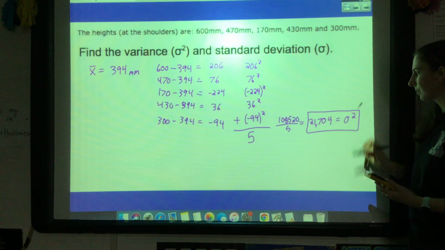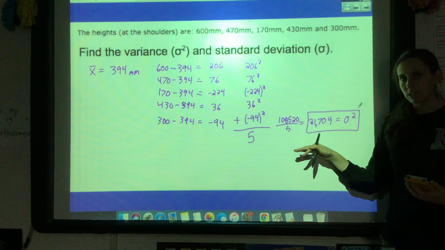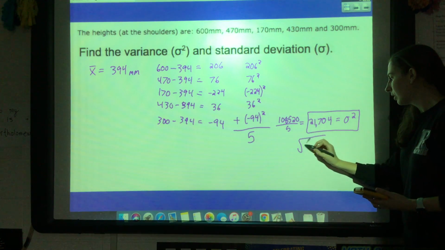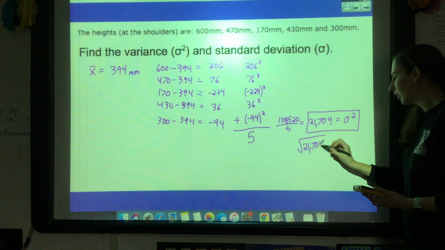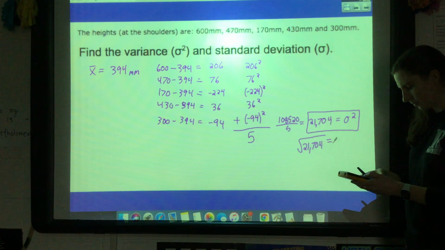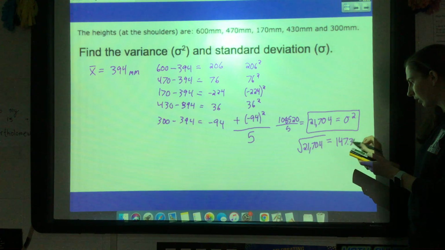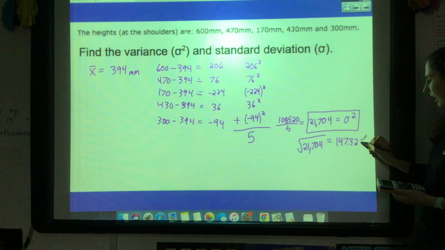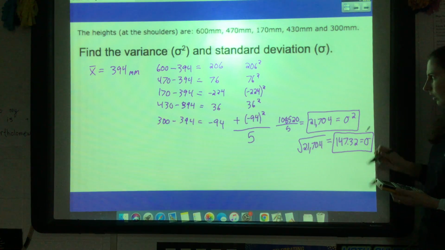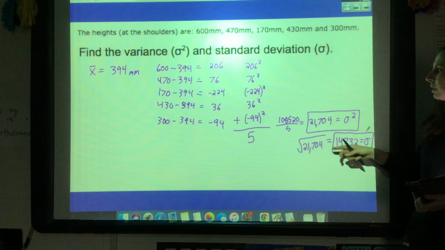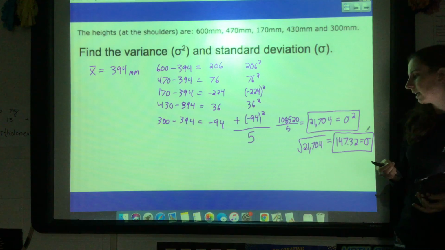If I want to get from here to the standard deviation, I just square root it. So the square root of 21,704 is approximately 147.32. And that is my standard deviation. Basically, this tells you how much each of these are away from the mean.